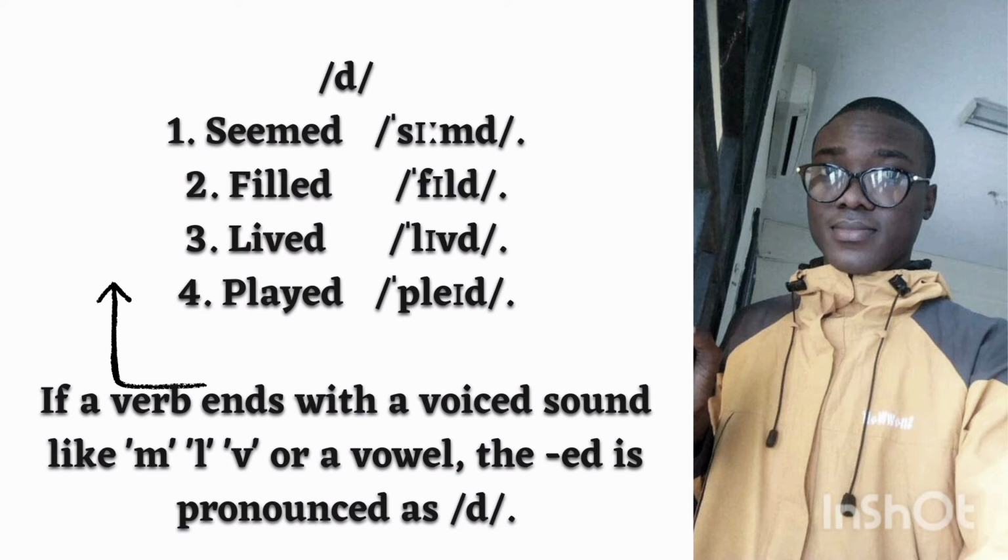So we say seemed, filled, played. The voicing isn't very strong, especially if you're talking fast, but it's more or less there. That's the difference between past forms with t and past forms with d.